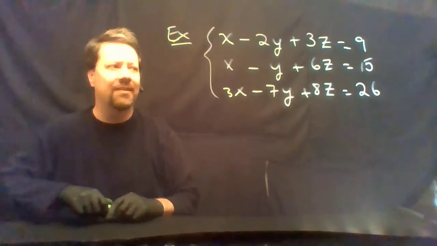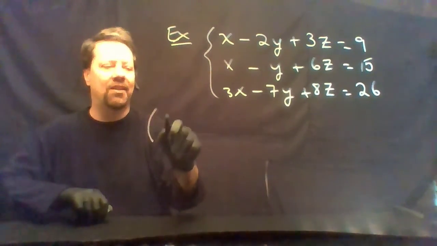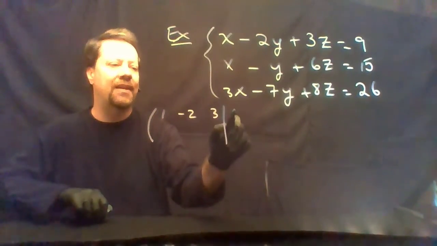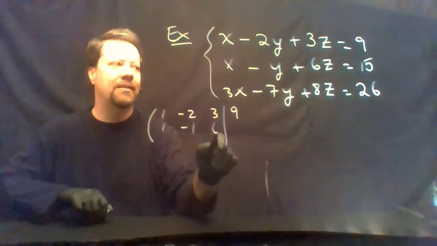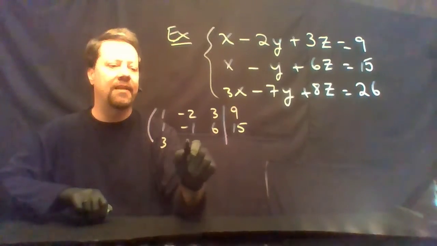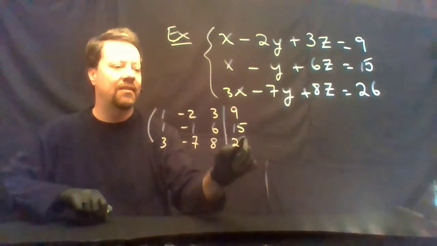Suppose we start with this system. We'll write down the augmented array, 1, negative 2, 3, slash 9. 1, negative 1, 6, and then 15. 3, negative 7, 8, and then 26.